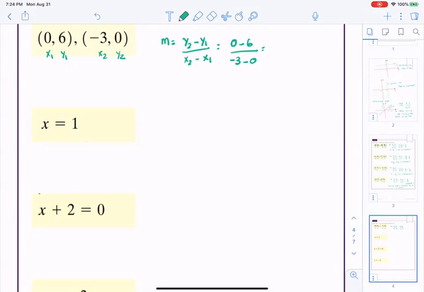So we have 0 minus 6, which is -6, and -3 minus 0 is -3. The negatives would go away, and 6/3 is 2. So the slope here is 2 and the line is increasing.